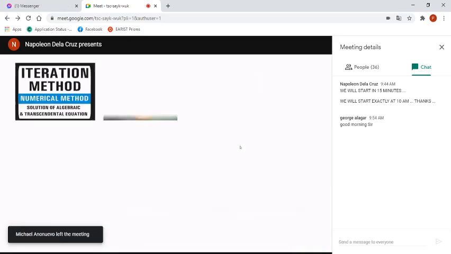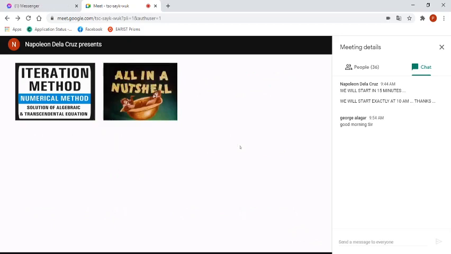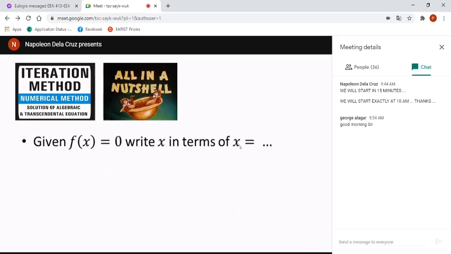Okay? So, in a nutshell, given f of x, write x in terms of x. Nakakalito, di ba? Mamaya maintindihan nyo, x in terms of x. Parang tanga, di ba? Yan yung una.